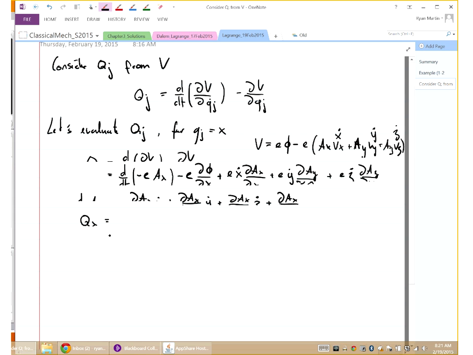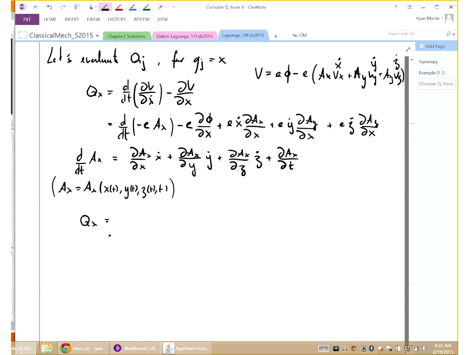So I'll place that into my equation for Qx. The first term was minus e times this d by dt, which we just wrote. So it's minus e, and then I have ∂Ax by ∂x x dot plus ∂Ax by ∂y y dot plus ∂Ax by ∂z z dot plus ∂Ax by ∂t.